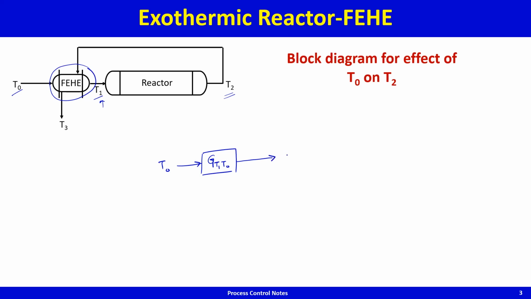If T1 increases, effect on T2 of T1. So this is T1, this is T2. As T2 increases, T1 will increase again.